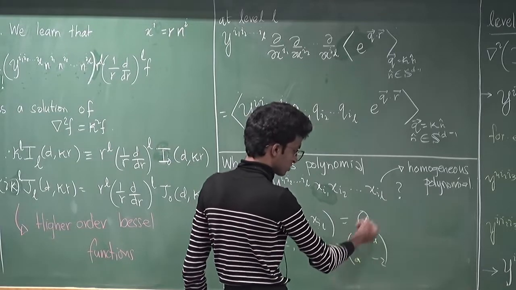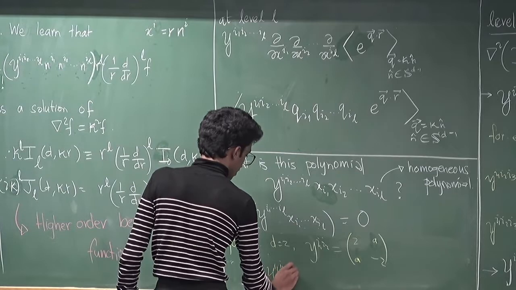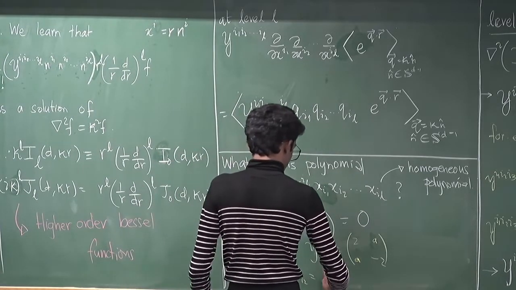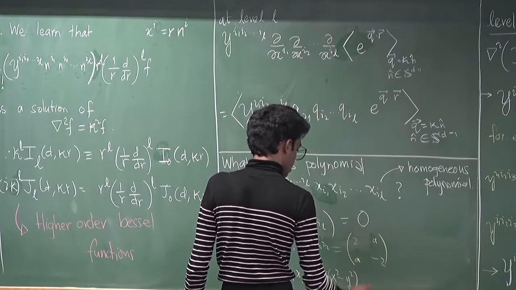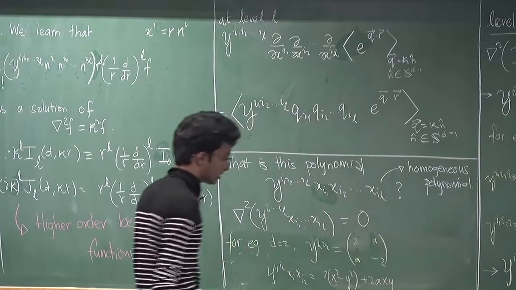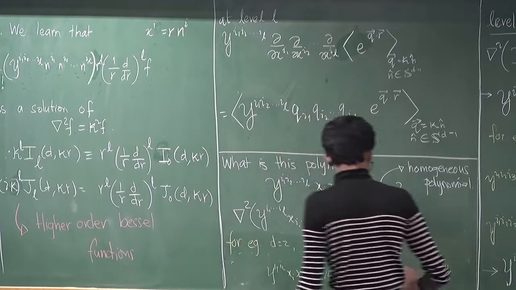It has to be symmetric, so it has to be the same thing. So y I1 I2 xi1 xi2 is just 2x squared minus 2y squared, plus a times 2xy, and that's obviously a solution of the Laplace equation.